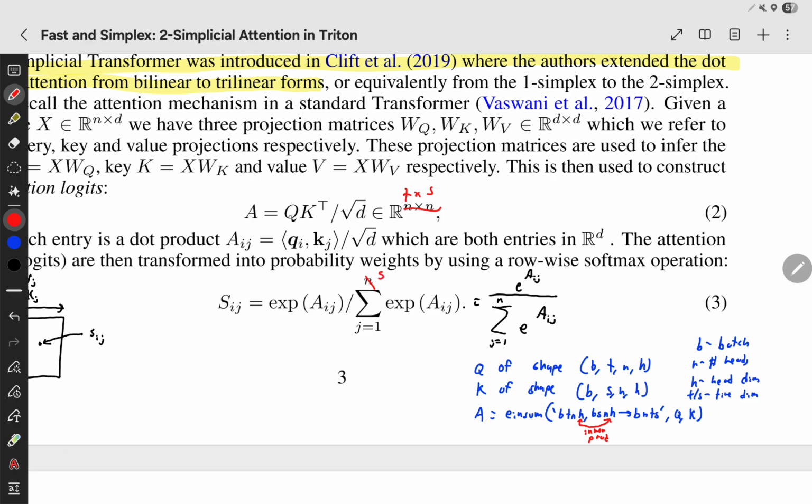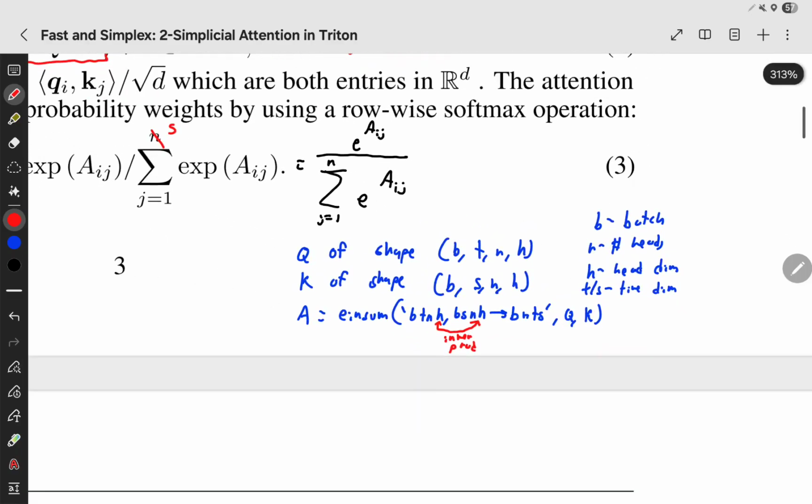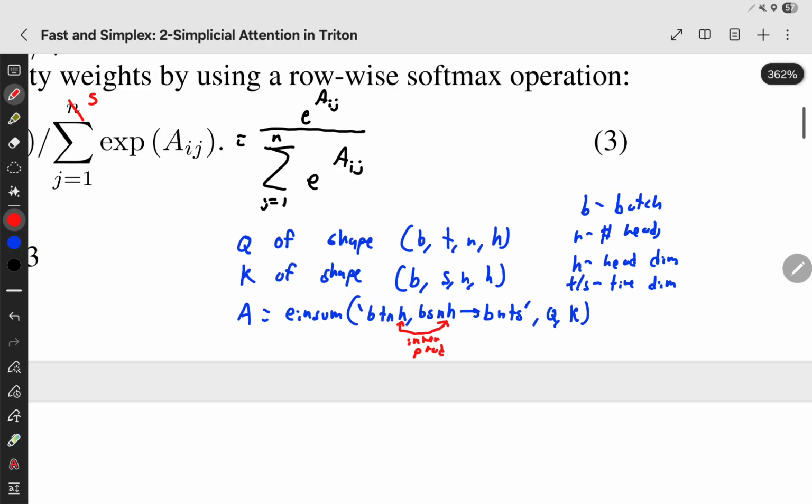So with that out of the way, the normal attention mechanism creates your attention matrix by doing an inner product on the queries and the keys, so QK transpose, where this axis is of size T and this is of size S. If you're not familiar with einsum notation, this is what it looks like. If you are, feel free to skip.